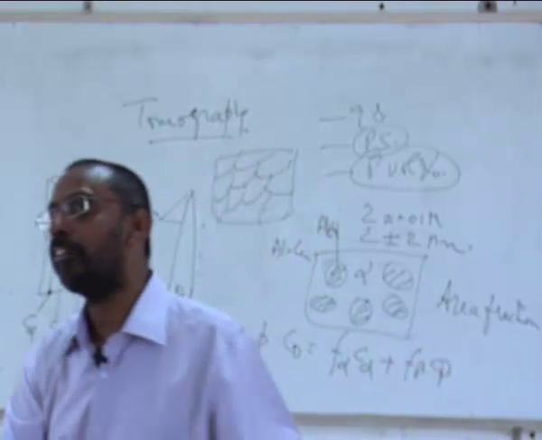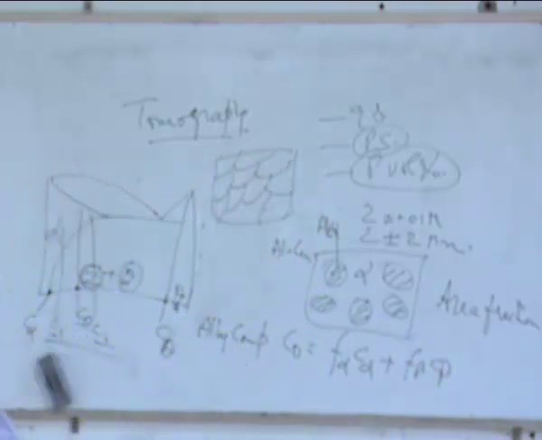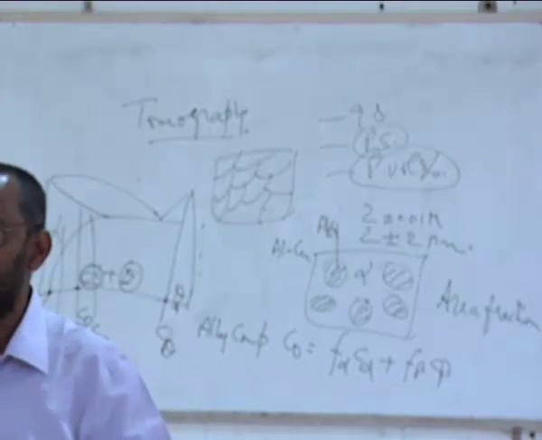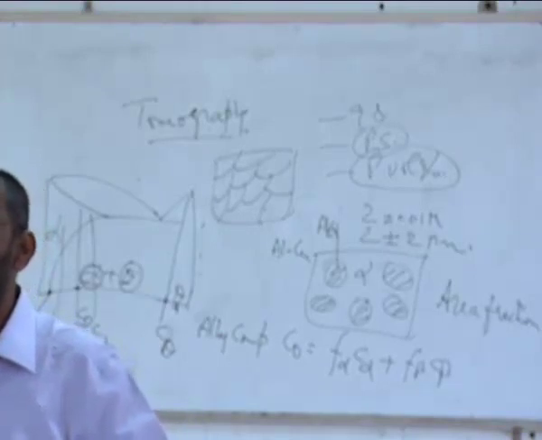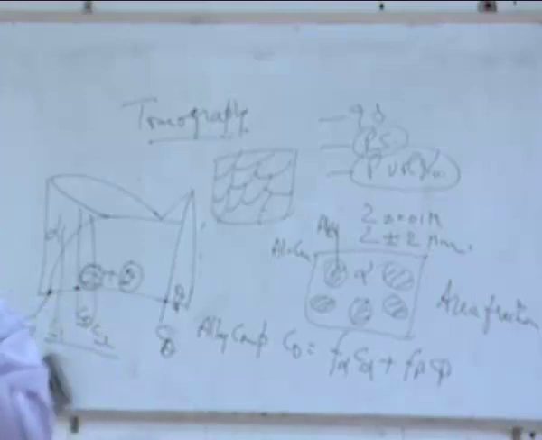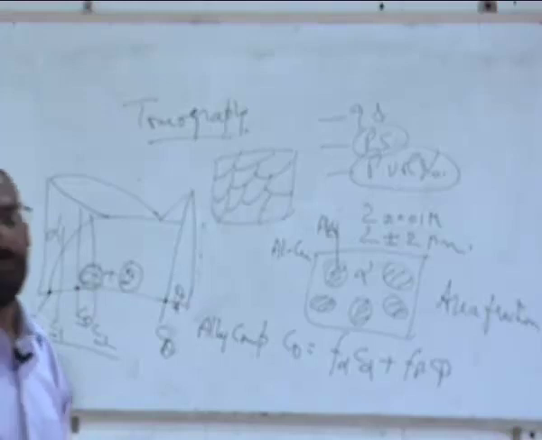There are micro hardness testers where we use 10 gram, 100 gram loads. And now we have what are called nano indentation techniques. They are called nano indenter, which will cost almost a crore. And there you use loads as small as fractions of grams.